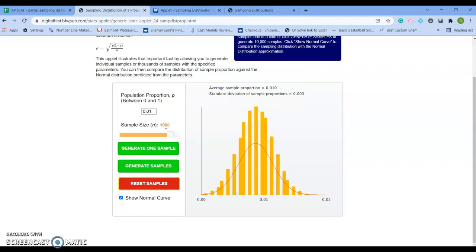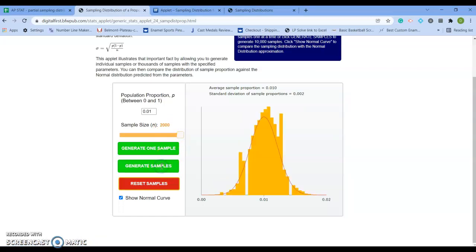Right? Because 1% of 10,000 is pretty darn close to 10. Right? So play around with that, and hopefully it will help you understand the effect of sample size on sampling distribution, shape of sampling distribution.